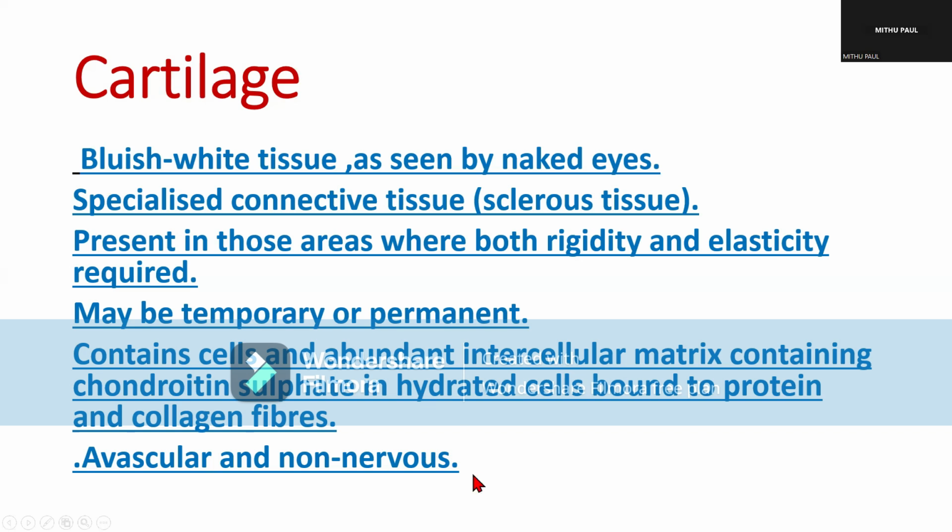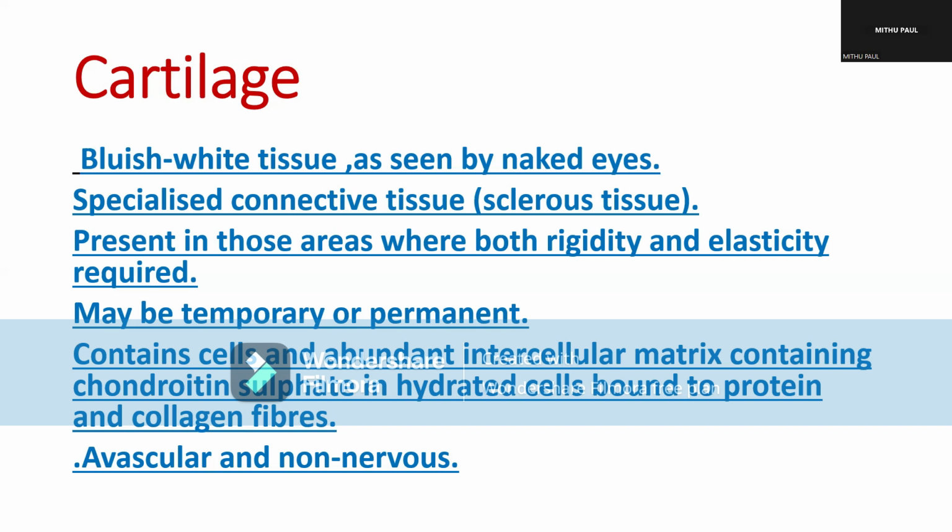Cartilage, as per its nature, is avascular and non-nervous. Vascular means presence of vessels. Any structure in your body requires its nutrition via the vessels. The vessels are carrying the nutrition and taking out the waste product from that area.